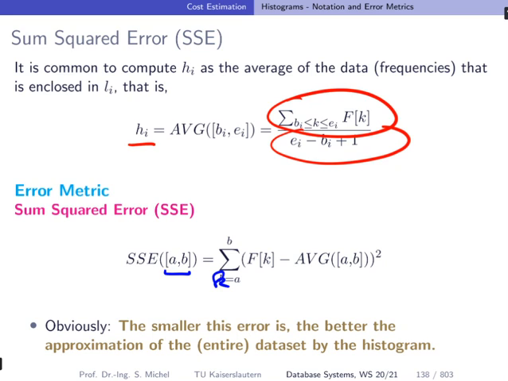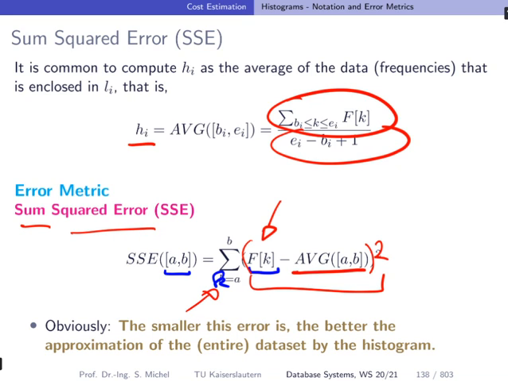So k is the value inside the interval, we sum up from a to b, and we take the real frequency of this value, given the frequency vector f from before, minus the average value, so the estimate, and we take the square of this. Hence the name sum of the squared errors. This is the squared error, and this is the sum.